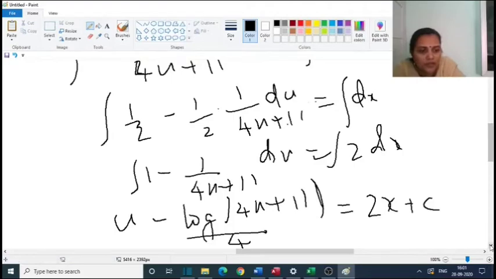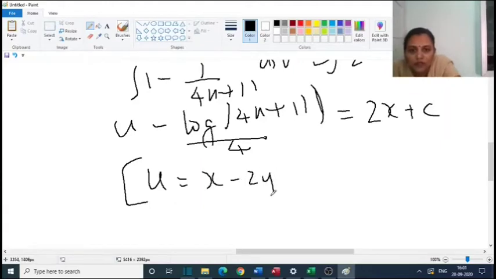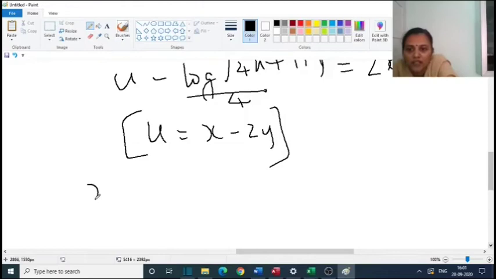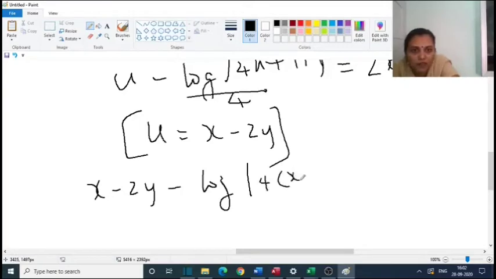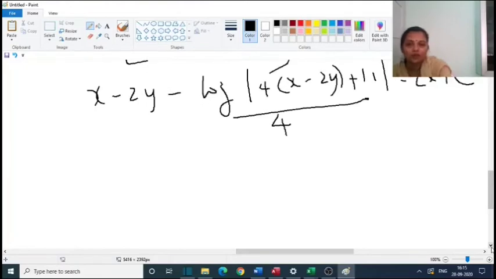Now we have to resubstitute for u. Here u is equal to x minus 2y. So the solution is x minus 2y minus log of 4 into x minus 2y plus 11, divided by 4, is equal to 2x plus c. We can multiply 4 to both sides of the equation.